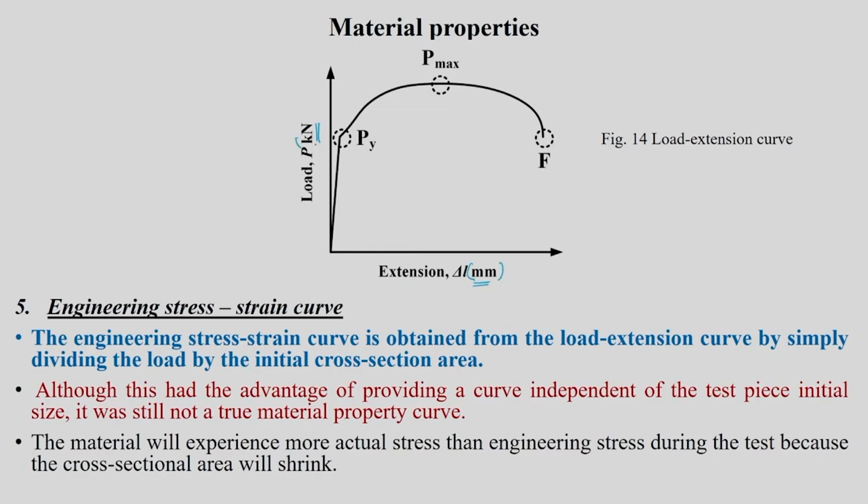You all know that load generally increases and crosses, let us say, the yield strength, which we will discuss now. Let us say it is Py. Py is the yield load, and after that you are going to enter into plastic deformation.